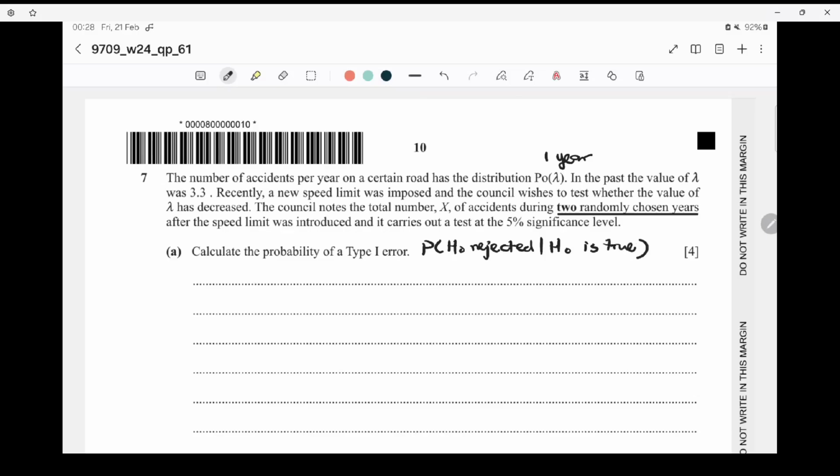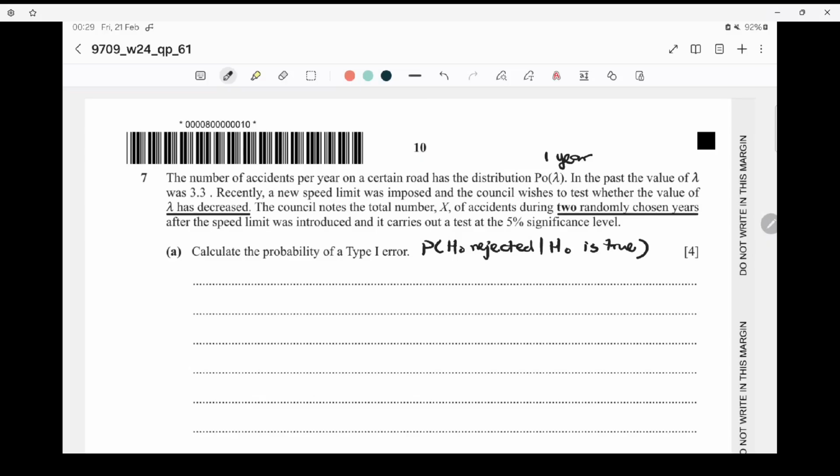So in this case, your lambda has decreased. So from your distribution perspective, let's say this is your critical value, this is the critical region. So your critical region is exactly your type 1 error's probability.